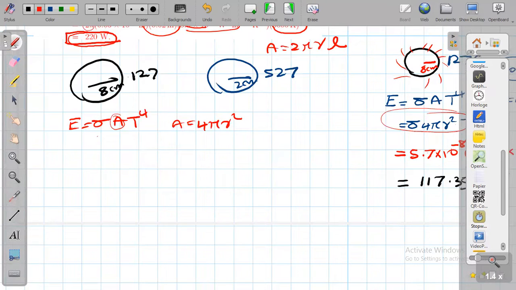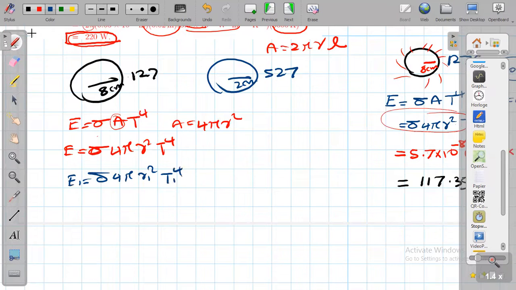Then the equation becomes sigma 4 pi r square T to the power 4. I will write this one in this way. E1 equals sigma 4 pi r1 square T1 to the power 4. The other one, E2, is equal to sigma 4 pi r2 square T2 to the power 4.